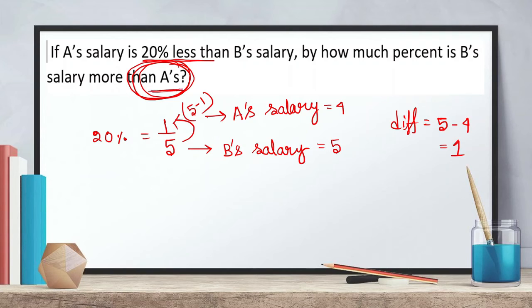A's salary is 4. The difference is 1, so 1 will be in the numerator, and 4 in the denominator. It will be multiplied by 100%, and it is equal to 25%. And here is the answer.